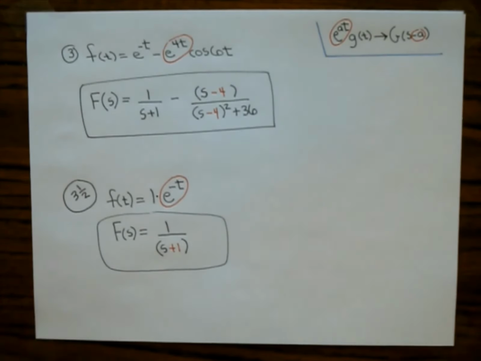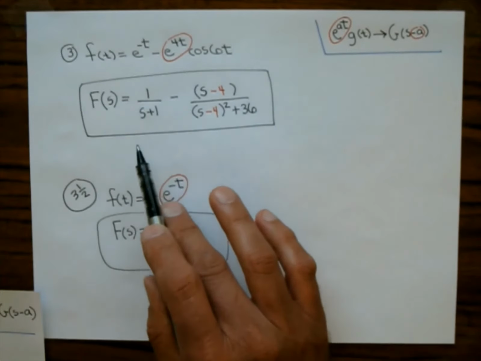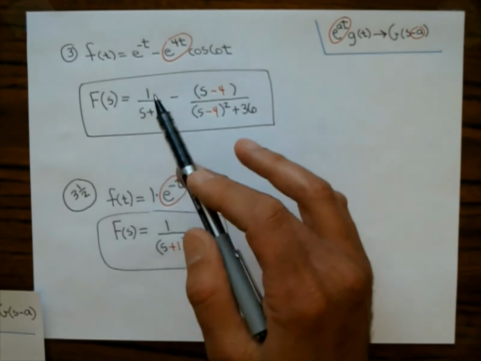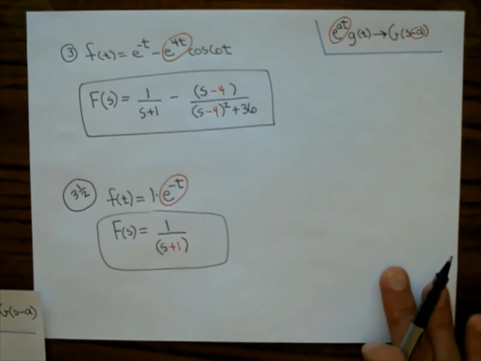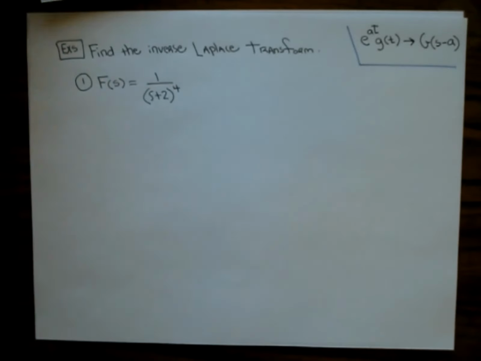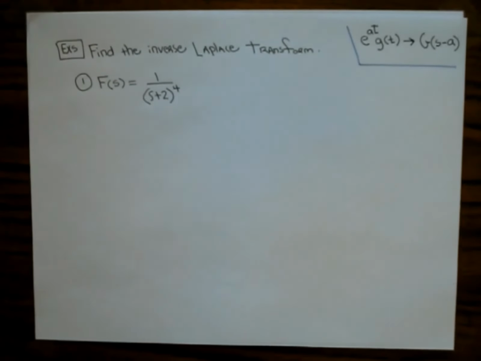Let's go ahead and change the problem around. Now we're going to go backwards. We're going to give you some s expression and ask you to find the inverse Laplace transform. Okay, so find the inverse Laplace transform of that function. Okay, so wow, we've got to go the other way now.